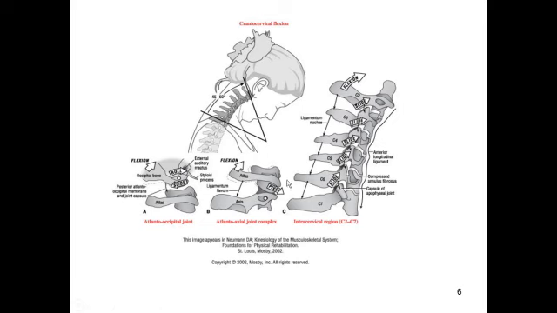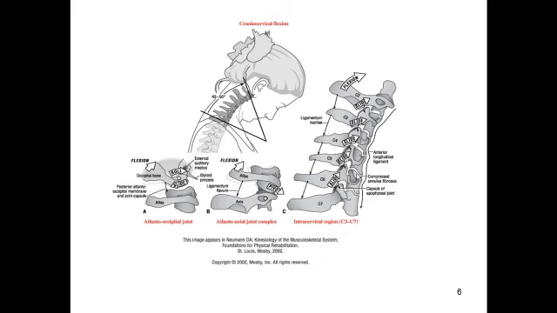Let's look at the motion then. We have a fair amount of flexion. So we have the head on C1, as we mentioned before, and then of course the rest of the cervical spine. And overall, there's certainly more flexion than extension, and that's pretty typical of what we see throughout the spine as a whole.